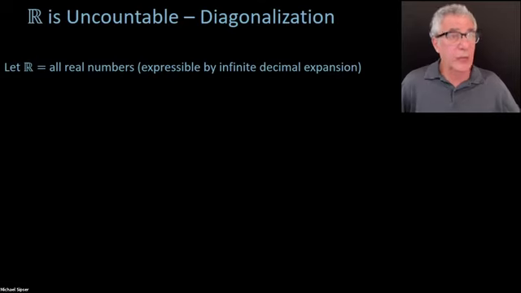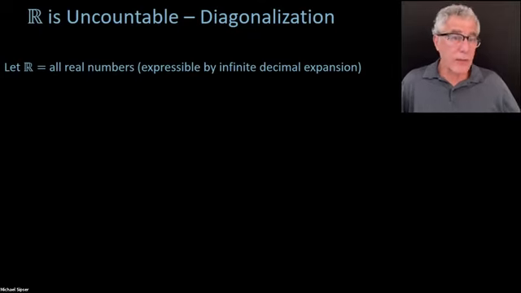Rational numbers also count as real numbers, and integers too. But there are these additional numbers that you can get by decimal expansions, which may not be rational.